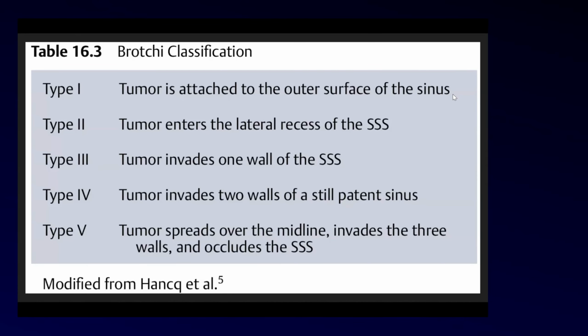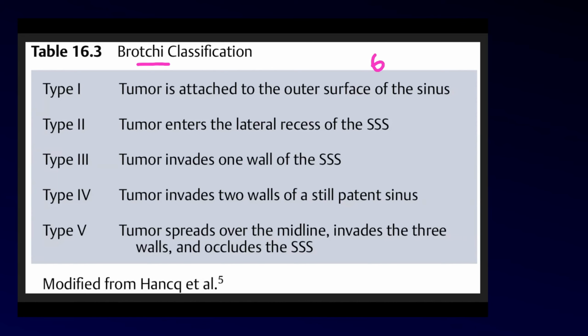It's the Brocchi classification. I'm not sure how many of you are familiar with it. I personally have never used it during my own clinical practice. I'm not sure if somebody uses it, or if this is just a textual thing, but let's go through it. We have 5 types in comparison with Sindou, which has 6 types.